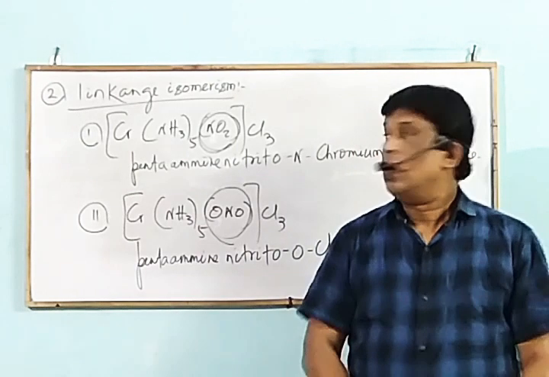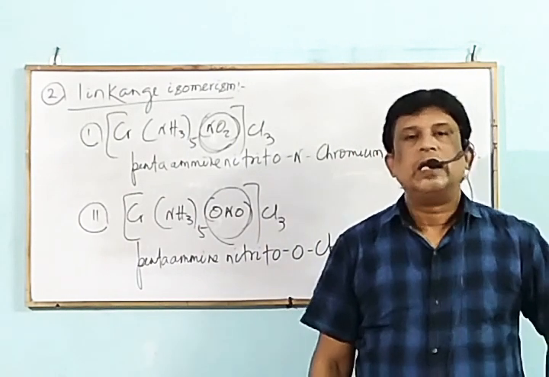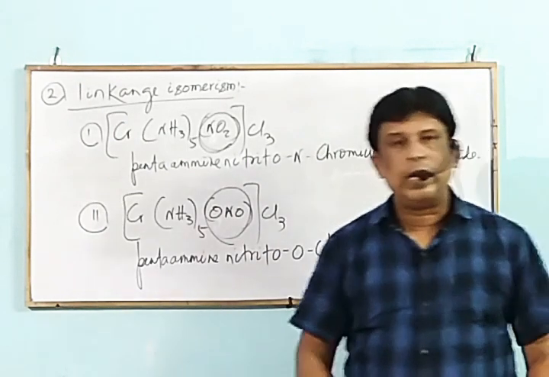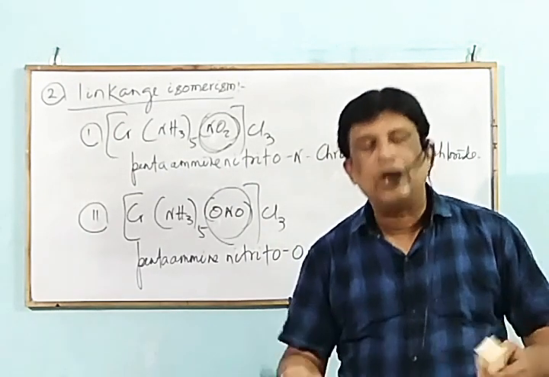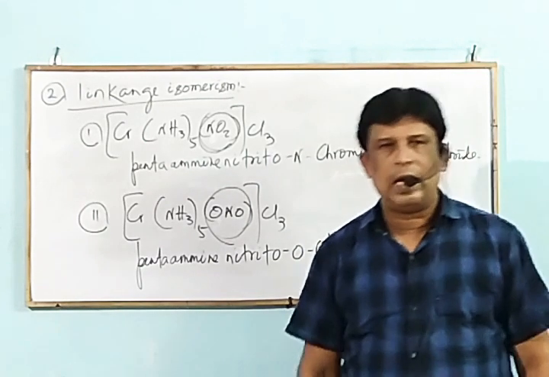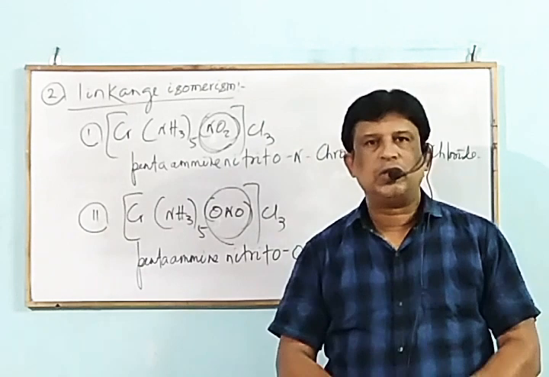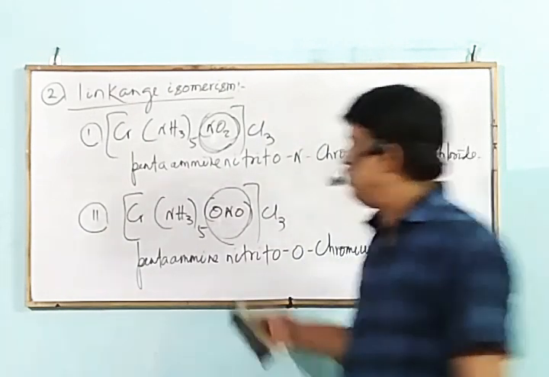I repeat again. What do we mean by linkage isomerism? That is, the same formula represents two or more structures which differ in attachment, linking of a donor atom with the central metal atom. Next one is hydrate isomerism or solvent isomerism.